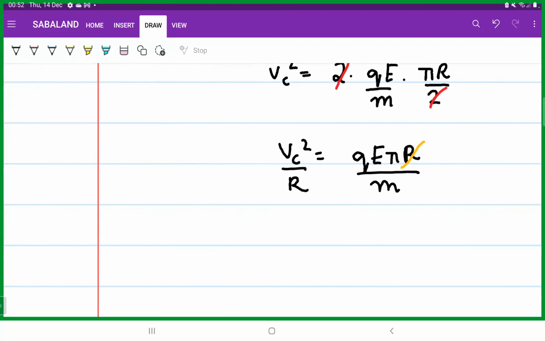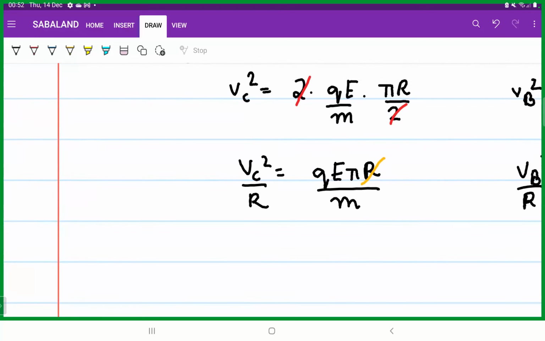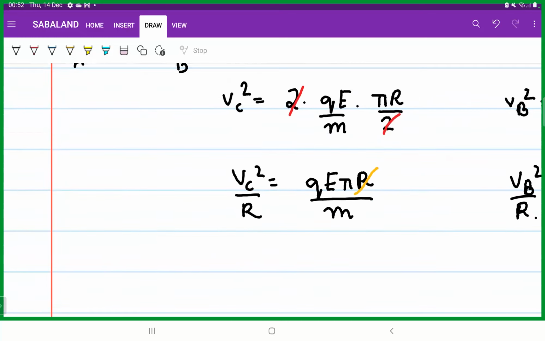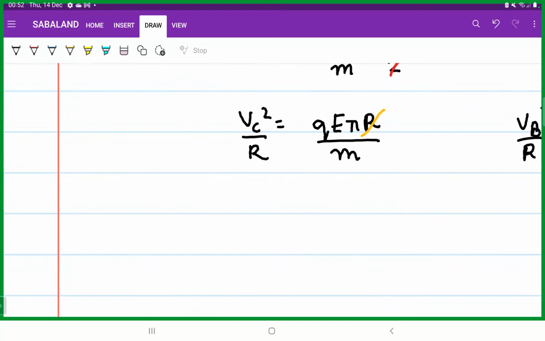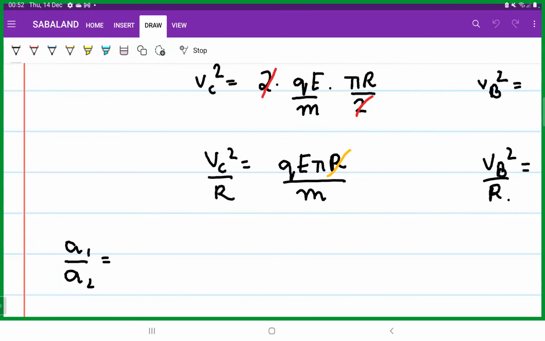Now, finding the acceleration because of the electric field is not very difficult. It's basically qE by m only, right? So let's find the ratio A1 by A2. A1 by A2 will be root of, now they're perpendicular, right?